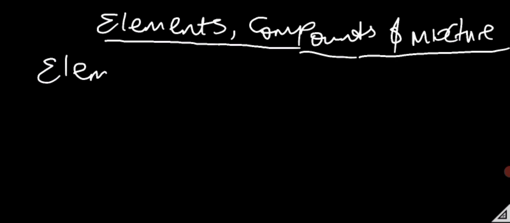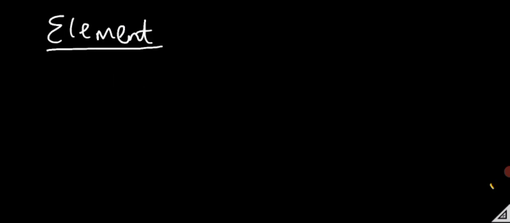Let me explain what we mean by element. An element is a substance that cannot be separated into any simpler substance by a chemical method or chemical process, which means that an element is the simplest substance that cannot be broken down by any chemical method.